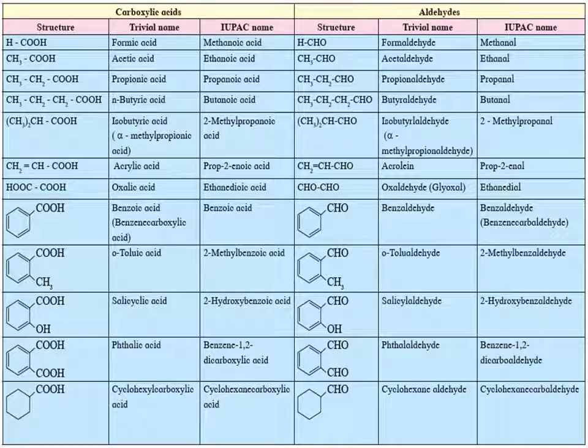That is, we replace the E of the alkane by OIC acid for carboxylic acid and replace the E of the alkane by AL for aldehyde. Similarly, that format has to be used for deciding the name of such compounds.